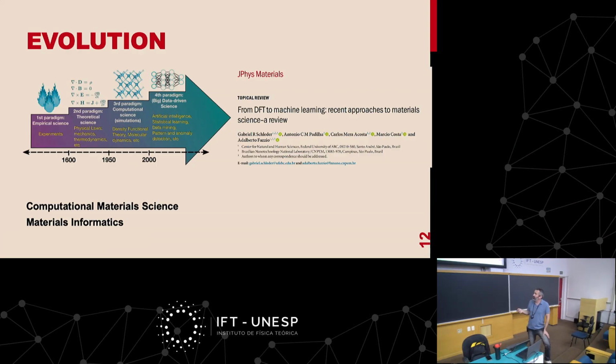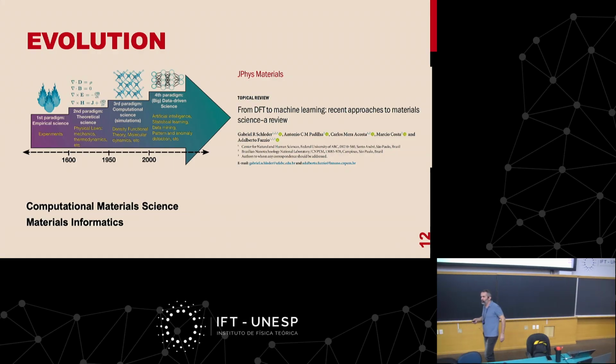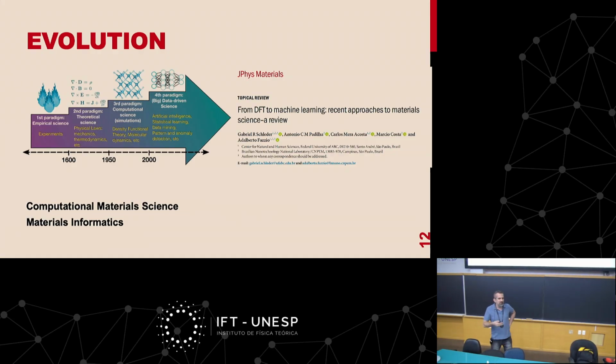So you have Maxwell equations and so on here. But at some point, it became too hard to solve these equations, and then people started using computers to solve them, and that's the third paradigm of science, computational science. But at some point, computers started generating too much data, and people couldn't use standard ways of analyzing the results.